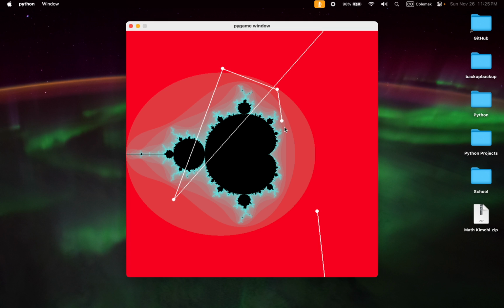And in that case, we can start off by ignoring the zeroth and the first iterations. I do that just because I think that makes more sense. It's not really saying much that a point is going to pass on the first iteration or the zeroth iteration, because the zeroth iteration is going to be 0, 0 no matter what, and the first one is going to be the initial point.